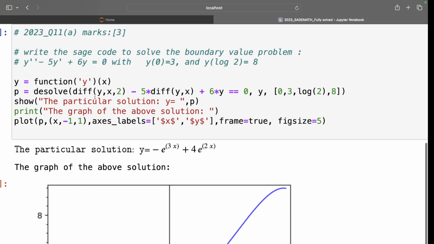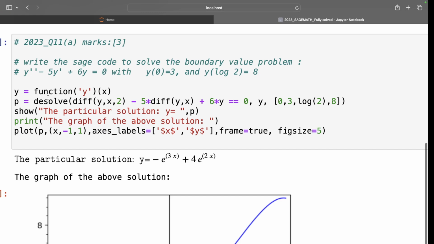P equal to desolve, with d2y dx square, that is differential y comma x comma 2, minus 5 star differential dy dx, plus 6 star y equals to 0. Solve for y, and this is the boundary condition. The first value 0 is for y0, value of y0 equal to 3. Next, value of y at x1 is log 2, and the value of y is 8.